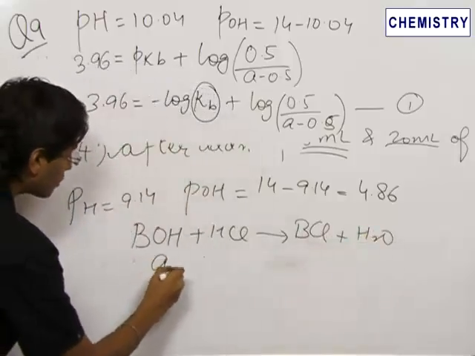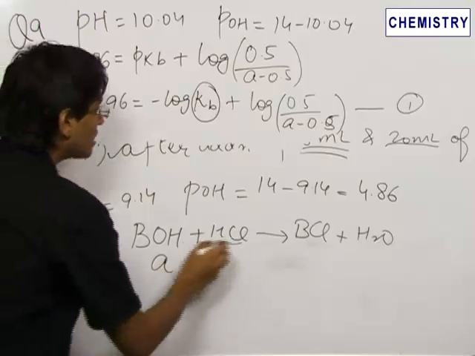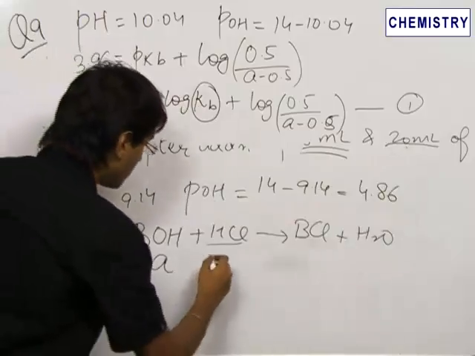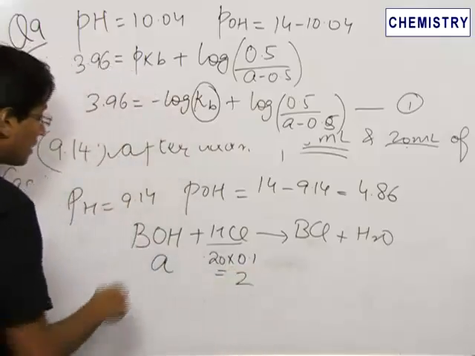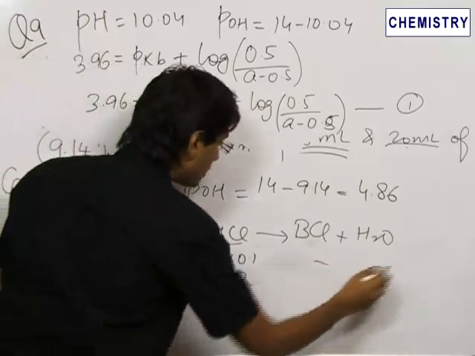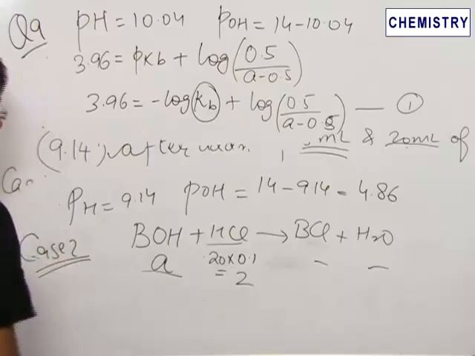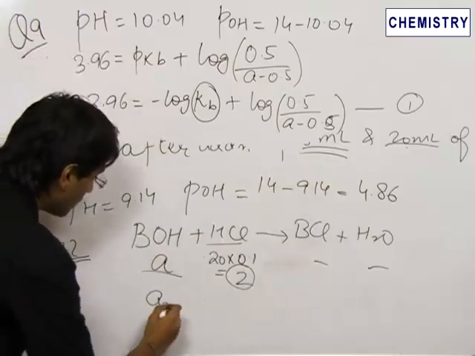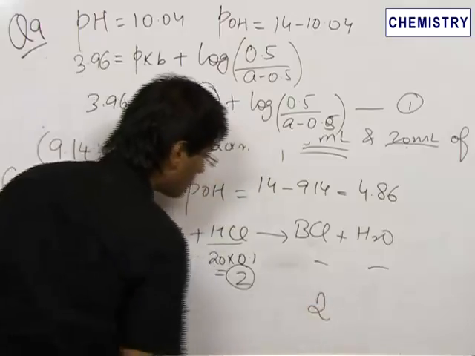The initial number of moles of BOH, let it be equal to A. Now HCl added is 20 ml. So the number of millimoles of HCl is 20 into 0.1, that is 2 millimoles. Let the initial number of millimoles as before be A. This is 0 and 0. This is case 2, when 20 ml of HCl has been added. When this HCl completely reacts, the left millimoles of BOH is A minus 2 and this is 2.